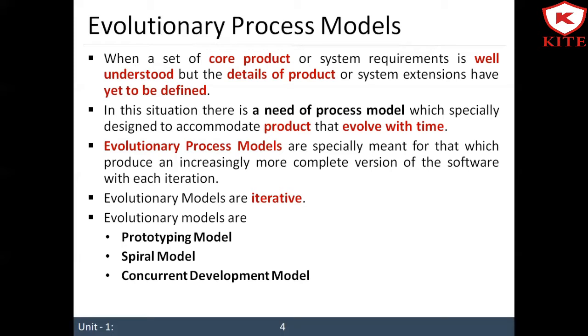So all evolutionary models are iterative. What are the evolutionary process models? Prototype model, spiral model, and the last one is concurrent development model.